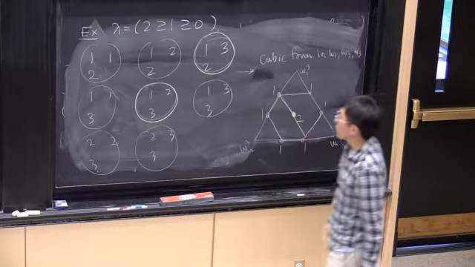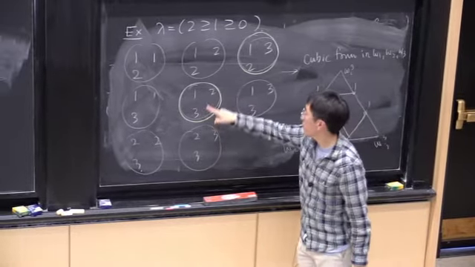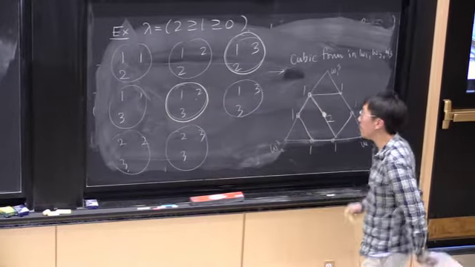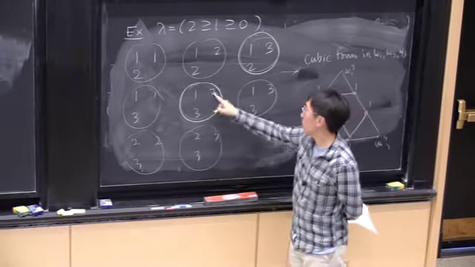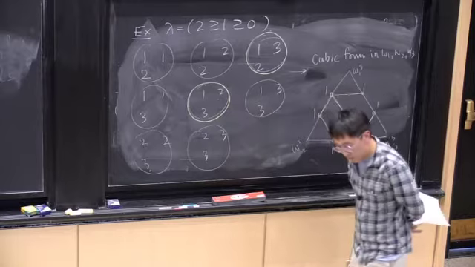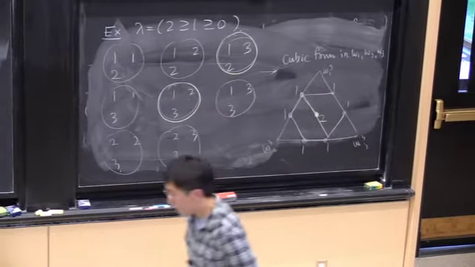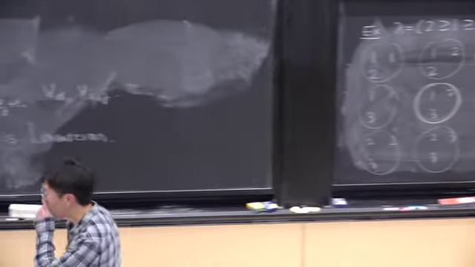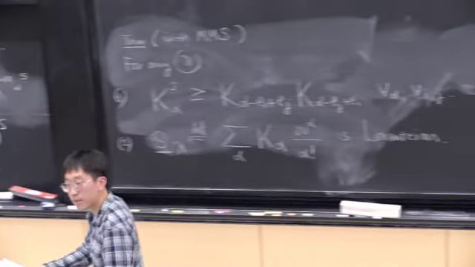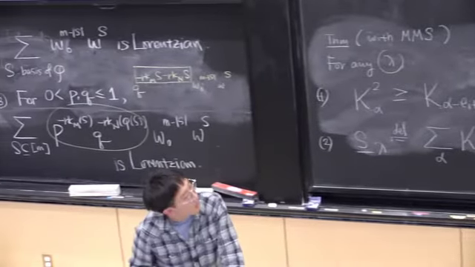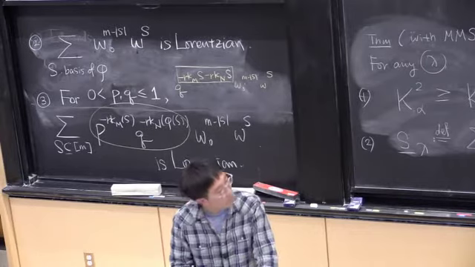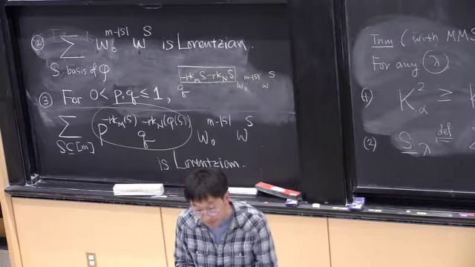So the number of ways to fill in the given Young diagram using letters 1 to 3, if you square it, should always be larger than the product of the number of ways to fill in with 1, 1, 2, and 2, 3, 3, for example.